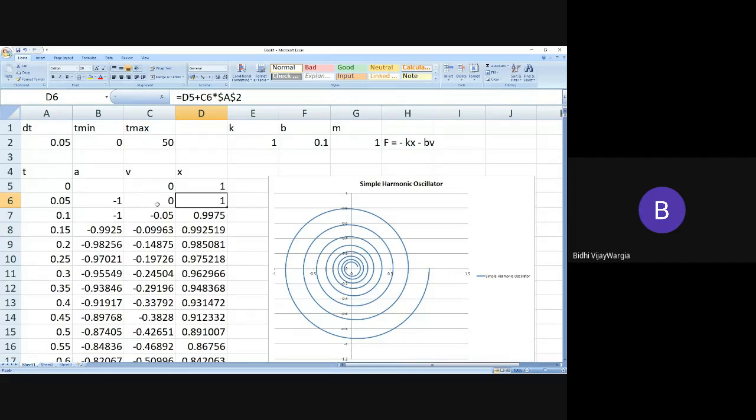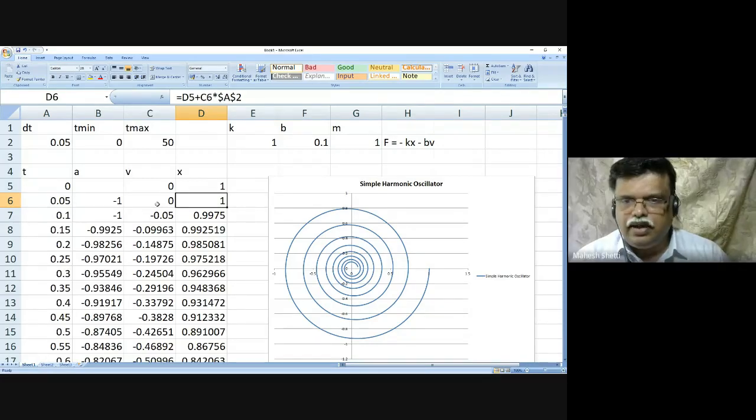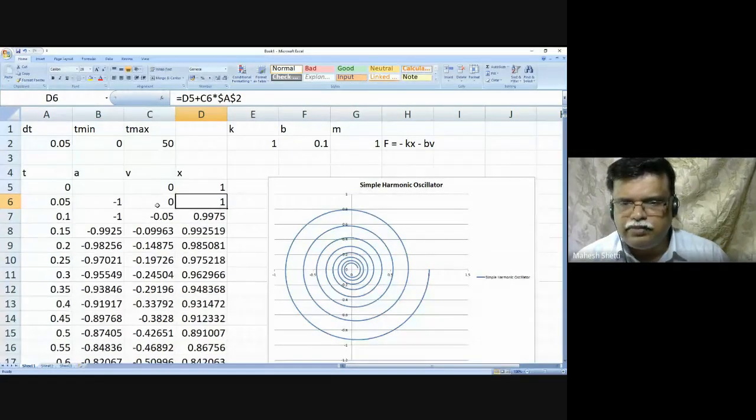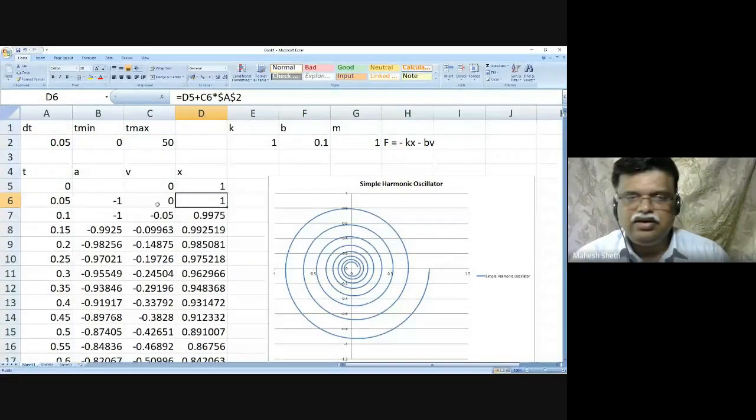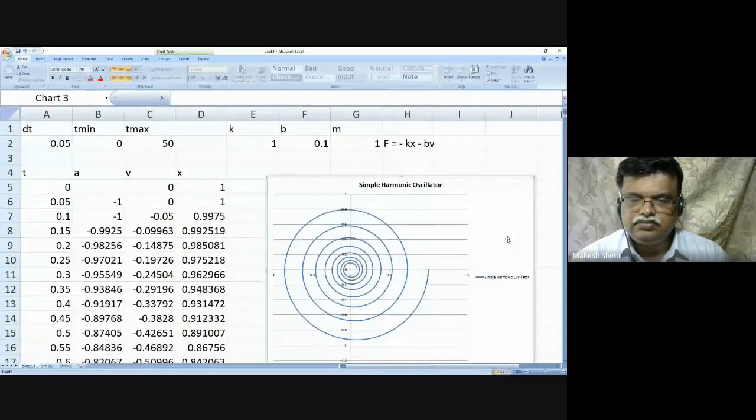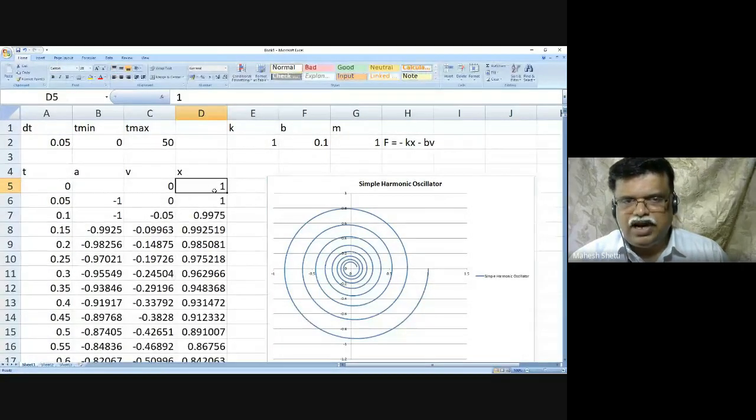Can we add arrows in the direction of the phase space here? No, it is not possible. At least I'm not aware how to add arrows in the direction in Excel charts. But I know that X was starting at 1, 0.